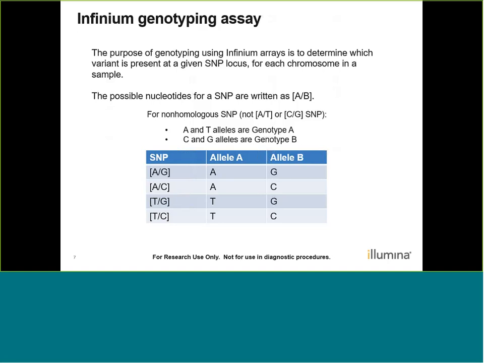If we look at this table, we want to see what those possibilities are. This table is for non-ambiguous SNPs, that means not A/T or C/G SNPs. So for an A/G SNP, allele A is A and allele B is G, and so on.